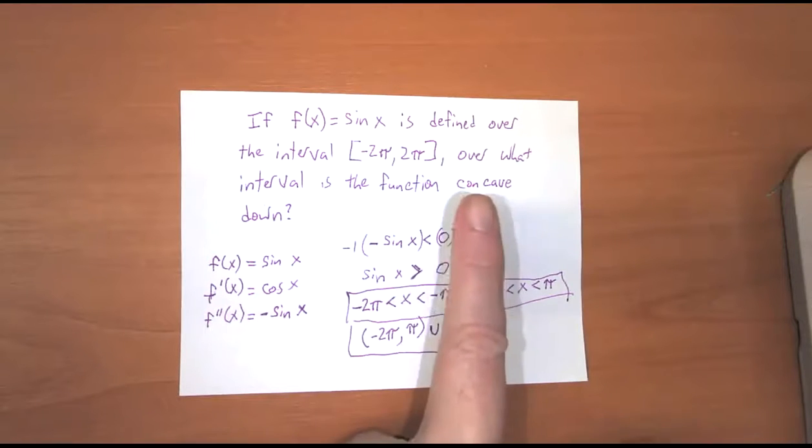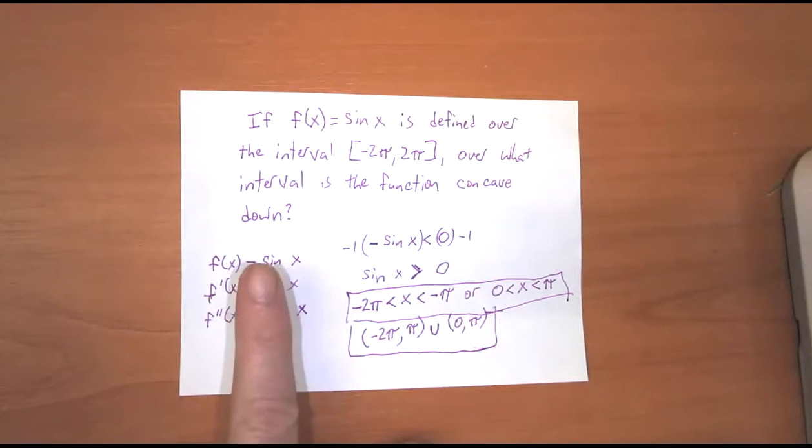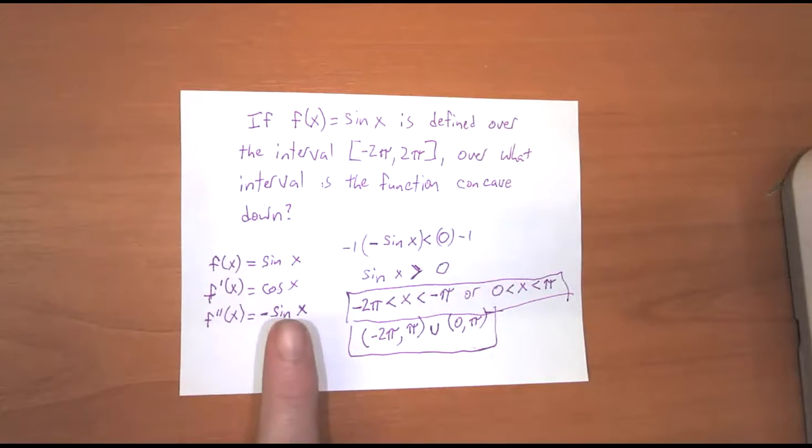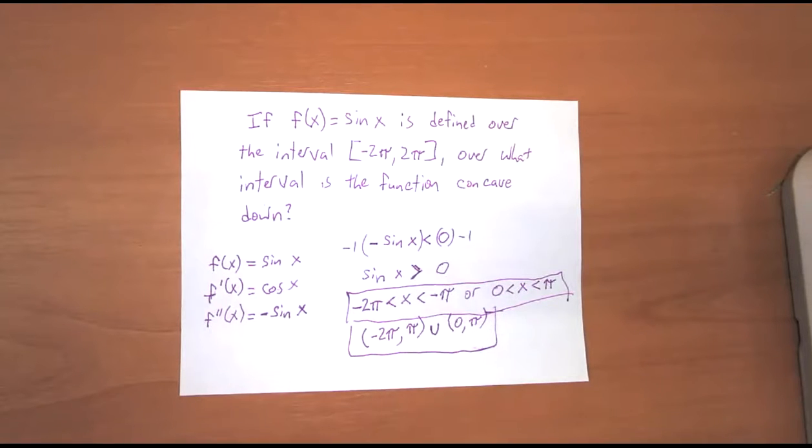So we wanted to figure out when a function was concave down. So that's talking about the second derivative being negative. So we need to take the derivative of the function, and then the derivative of that is our second derivative, set that to be less than 0, and then figure out which values of x satisfy that inequality. And that tells you the interval over which the function is doing the behavior that you're checking for.